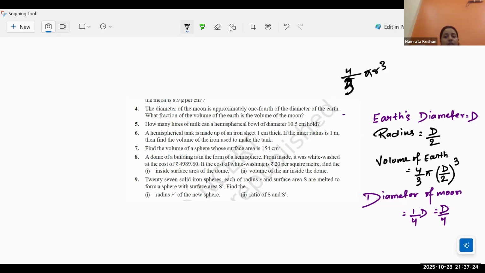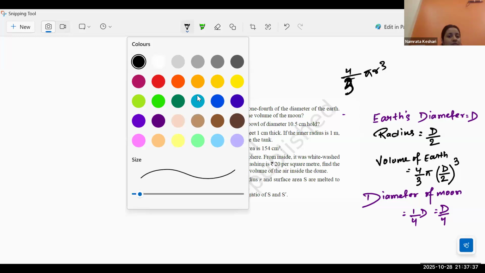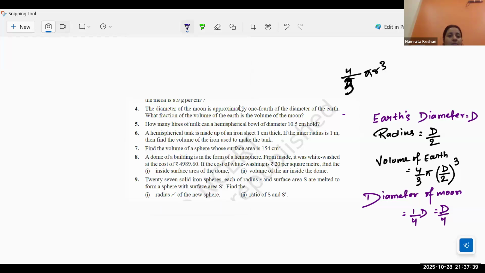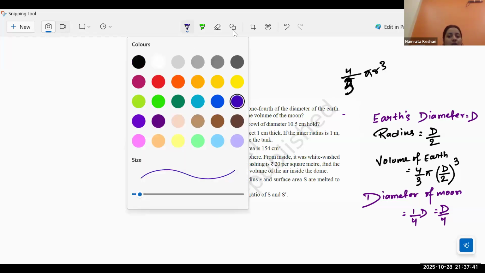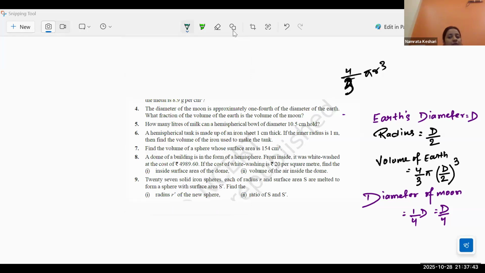You can simplify it again, whatever is possible. I'm keeping this much over here, and I'll show you the final simplification while finding the ratio. However, if you do it over here, it will be easier later on.